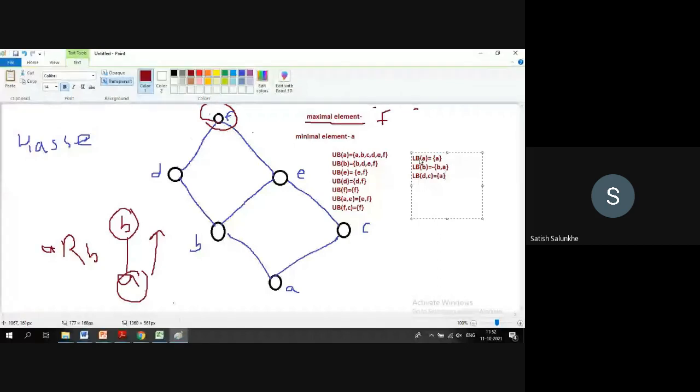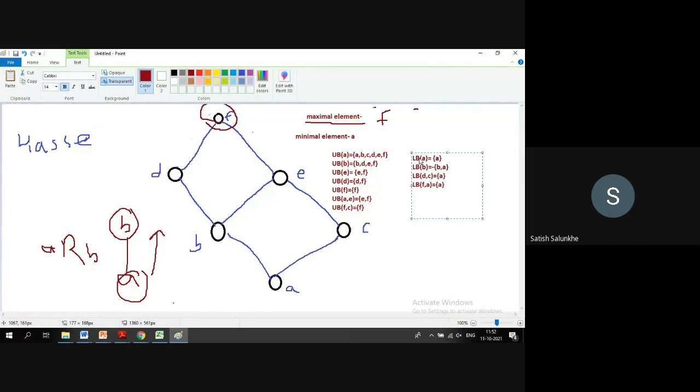What is the lower bound of F and A? The lower bound is only A. That's it.